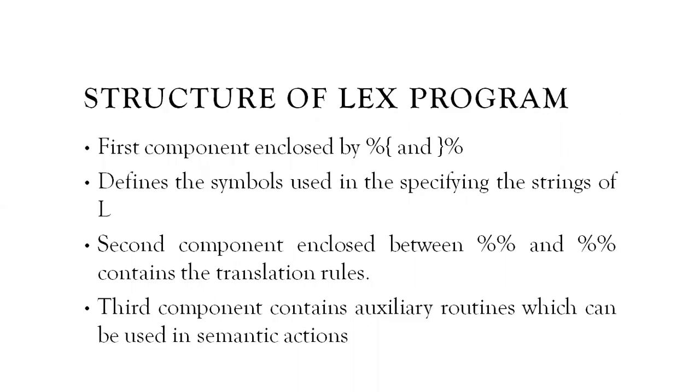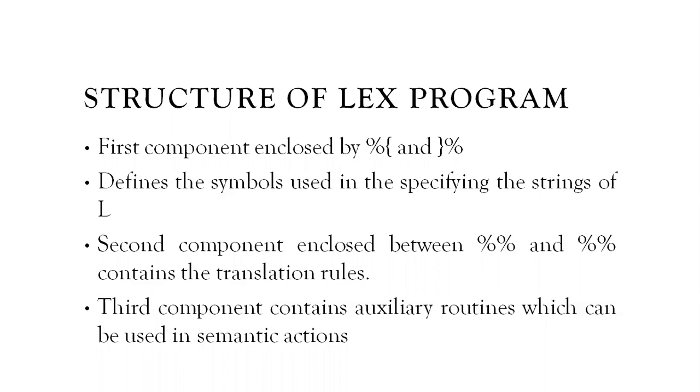Let us see the structure of a LEX program. The first component is enclosed by the signs given here, percent opening curly bracket, closing curly bracket, and percent sign. This is called a specification. It defines the symbols used in specifying the strings of language L. The second component is called translation rules.